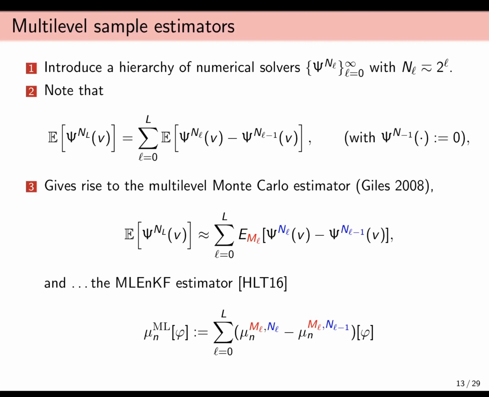You have L, the final time level, so the finest resolution. Then you have the ensemble size, which is a vector that runs over all the levels, the ensemble size on the Lth difference here. And then you have the numerical resolution parameter here, which we already have stated, a geometric sequence typically.